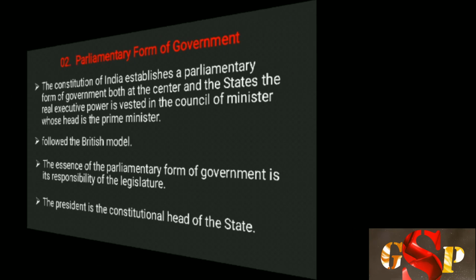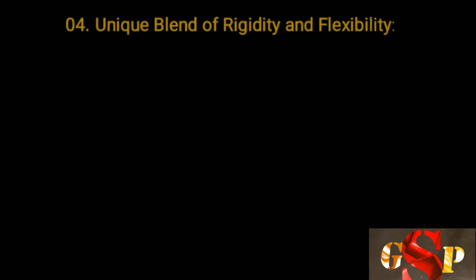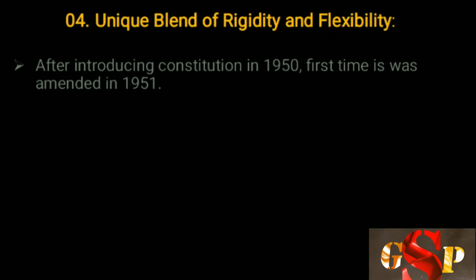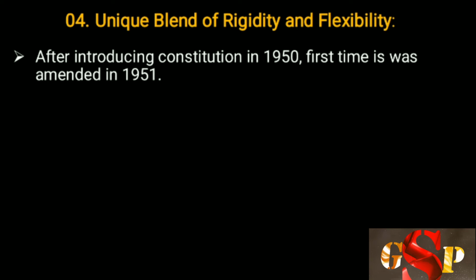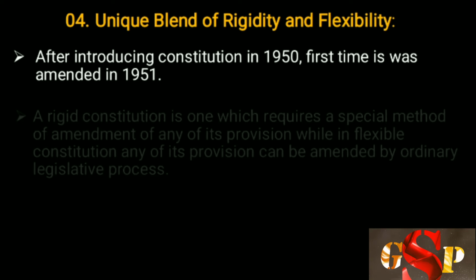Now we are going to switch to the next one, that is the unique blend of rigidity and flexibility. After introducing the constitution in 1950, it was first amended in 1951.